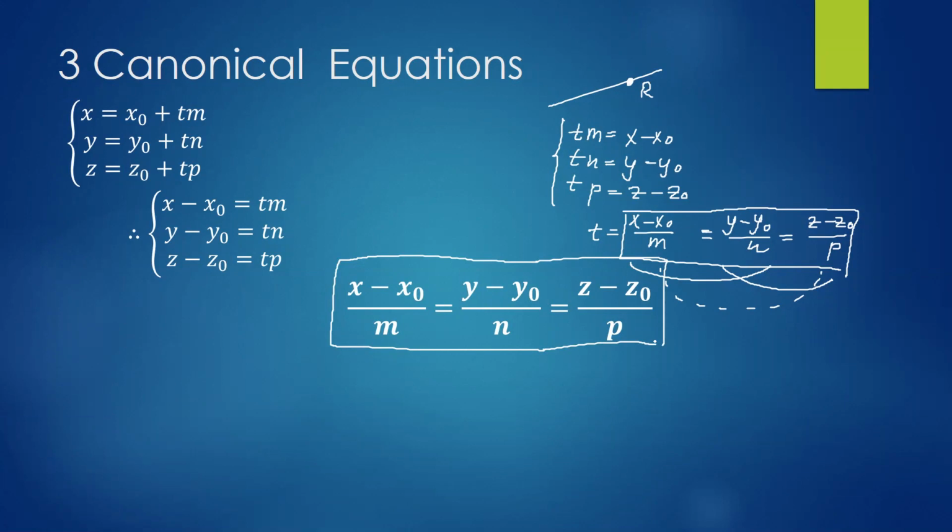So in this case, just like the vector equation explicitly written, or like the parametric equations, the numbers, as you see, are exactly the same. x0, y0, z0, same numbers, m and p, same numbers as before. So we have had 3 types of equations for a line in 3 dimensions.